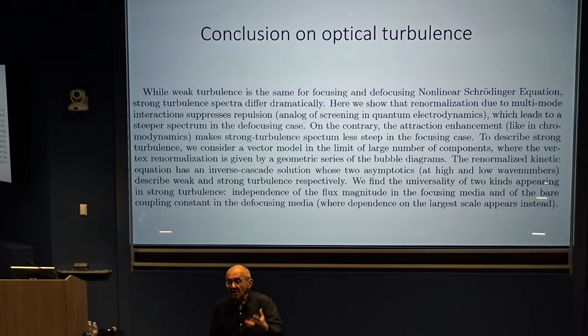In what sense? For example, if I want to compute the fourth cumulant, the only thing we compute in this large n limit is a correction to the fourth cumulant, which is the right side of the kinetic equation. This is done correctly, which this shows you. But on the other hand, if I would like to compute, for example, sixth or eighth order cumulants, or look for the tails of my probability distribution, that would not be working, in the sense that my large n approximation does not describe this.